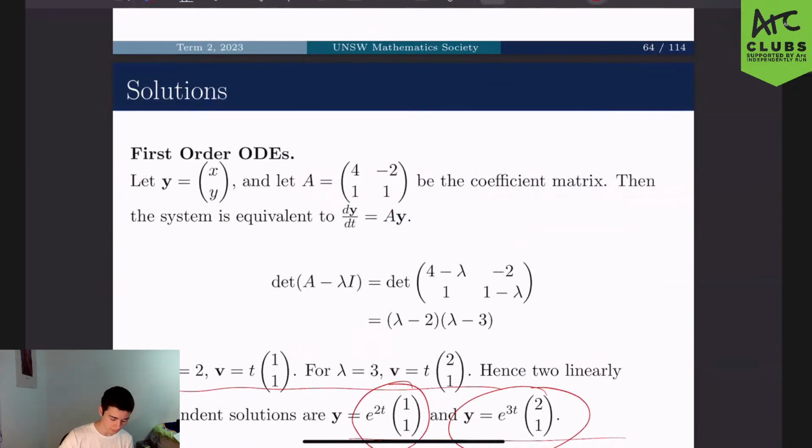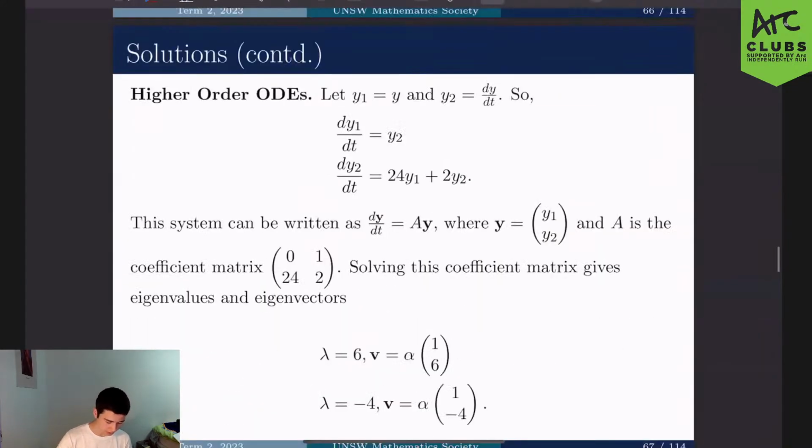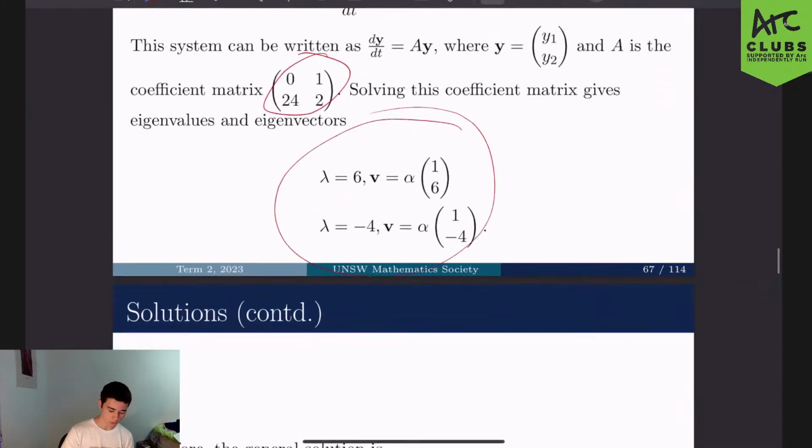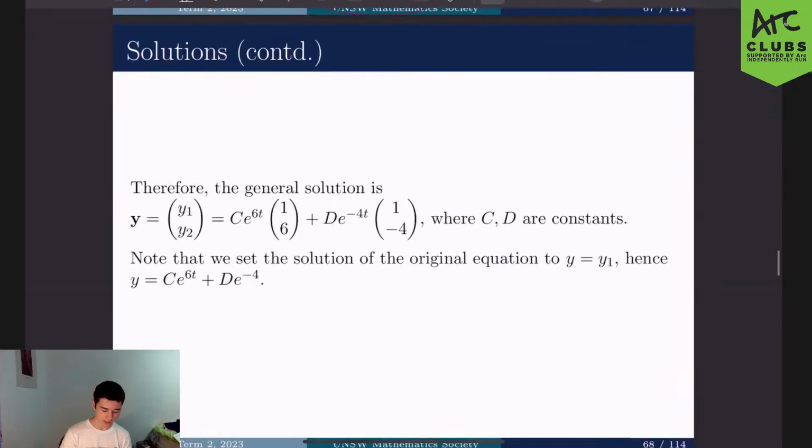So moving forward, higher order differential equations, we construct a coefficient matrix and we solve the coefficient matrix to determine the eigenvalues and eigenvectors. Once we have the eigenvalues and eigenvectors, we can jump back to calculus and apply our exponential assumptions to solve the differential equations. We find our solutions and take the linear combinations and we're happy.